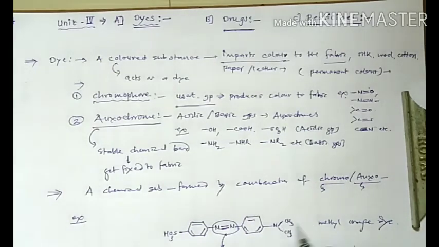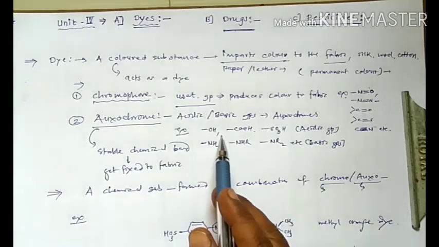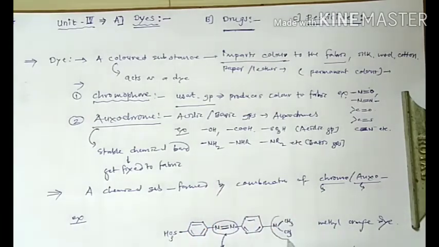Now it has an oxochrome as well. Oxochrome means some acidic or basic group. This is the basic group, and this is the acidic group. This is a secondary amine and this is a sulfonic acid.